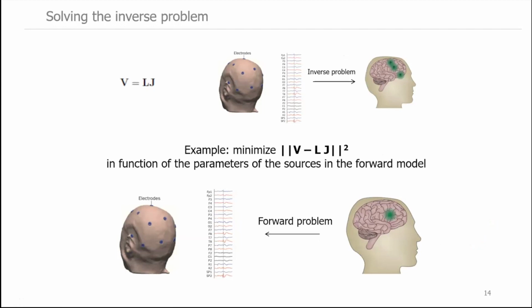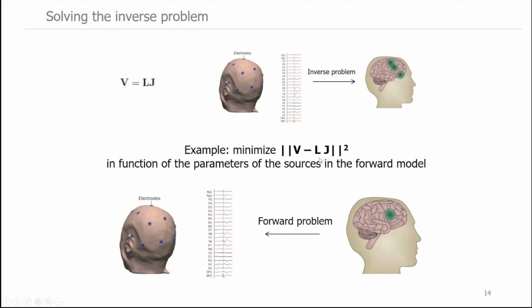Basically, the Leadfield matrix is fixed. It depends on the model you use, on the forward model. Then you can alter the sources in the brain, this J, and try to find the J that minimizes the measured EEG minus the simulated EEG.